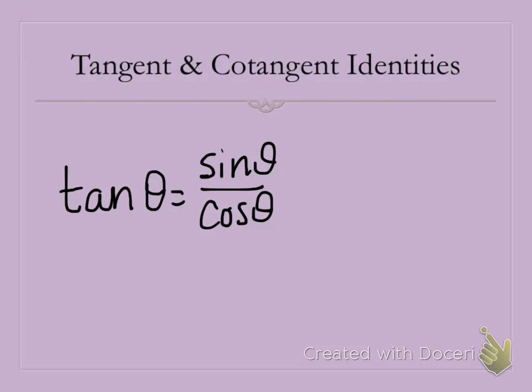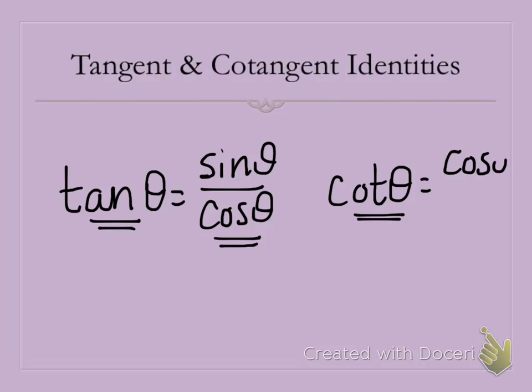Okay, now that also means that we can write an identity for cotangent. Going back to our previous slide, we just said that cotangent is the reciprocal of tangent. And so the reciprocal of sine over cosine is going to be cosine over sine.